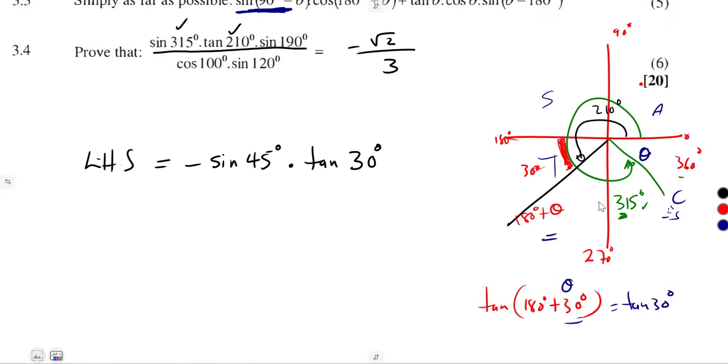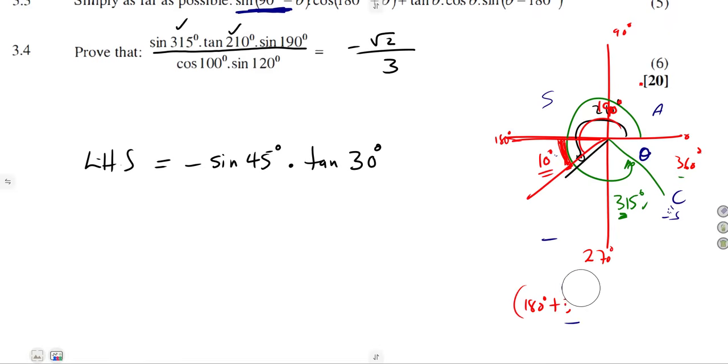Then we have got the sine of 190. 190 is also the same, guys. More than what? More than 180. So it was going to be in the third quadrant. So 190, let's say this is 190. It was going to be 190 minus 180, a difference of 10. So it was supposed to be sine, not tan, because this is sine.